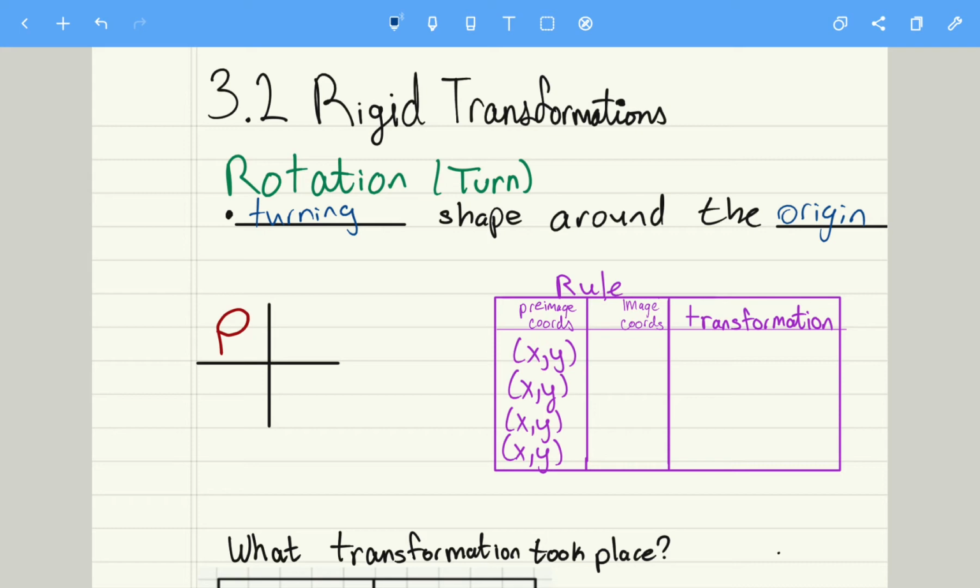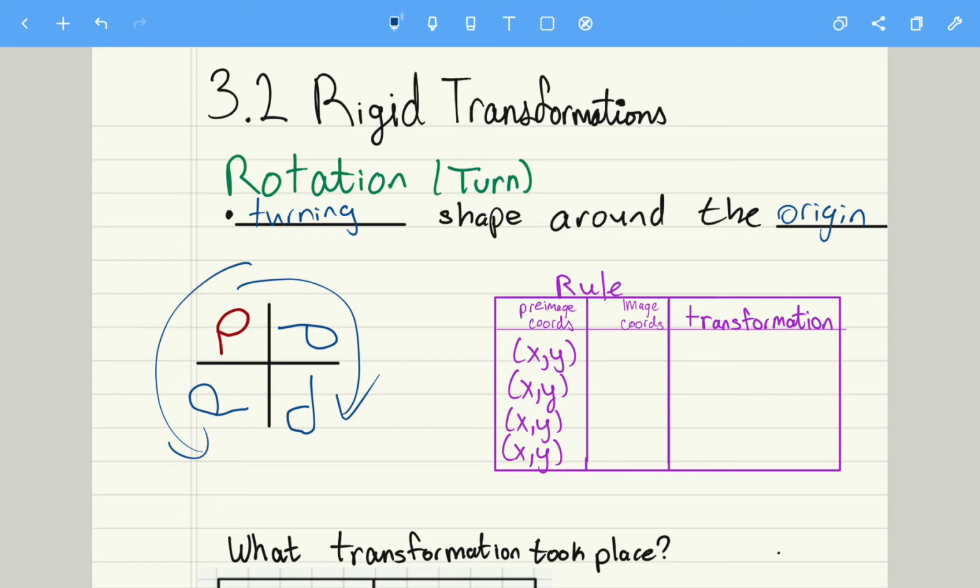Any point really, but we're going to focus on just the origin to make our lives simpler. So this will look like we have our image here. Could rotate it like this, or like this. It can either go clockwise or counterclockwise.